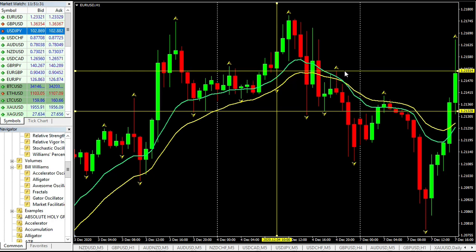Now if you were to put the stop loss here, then what are you risking? You are risking 18 pips, which you will get on this candle.